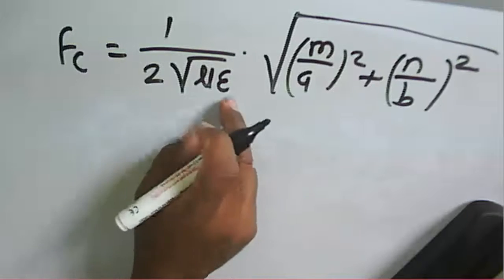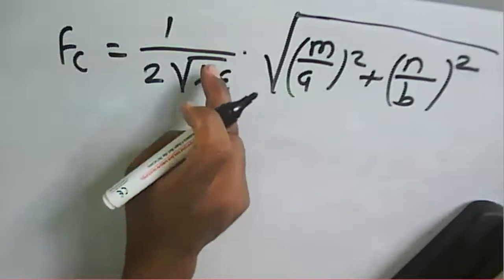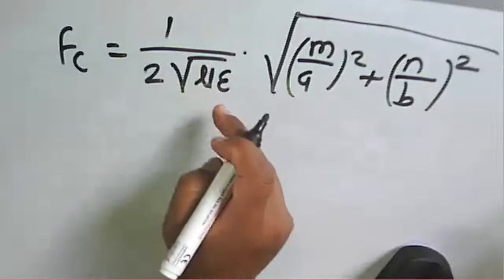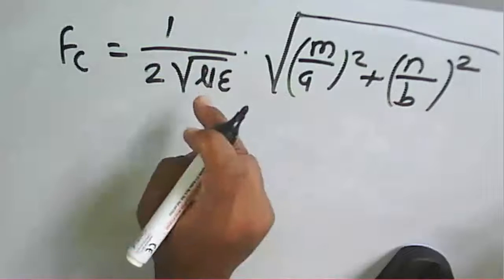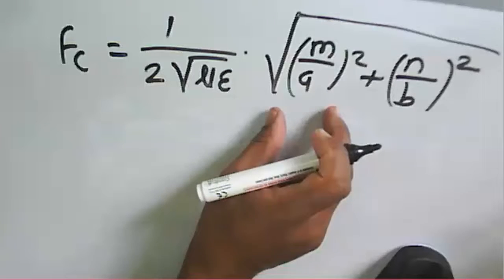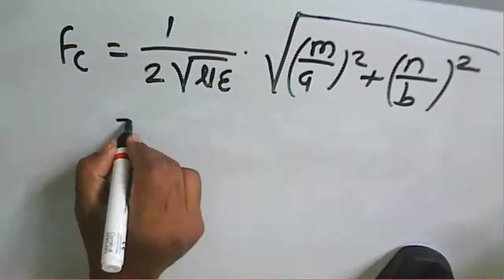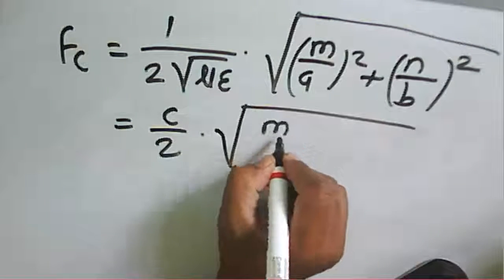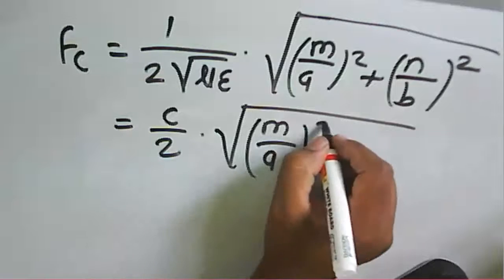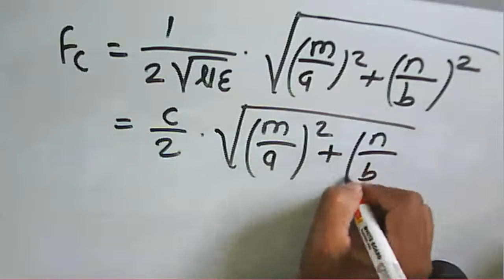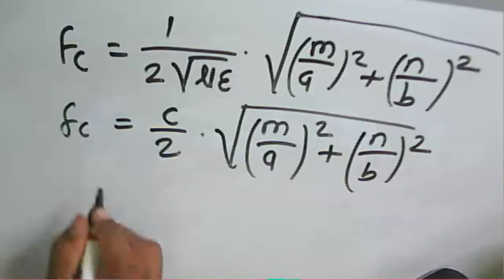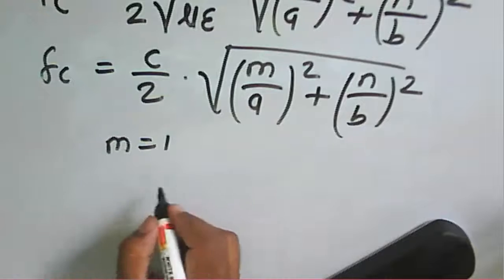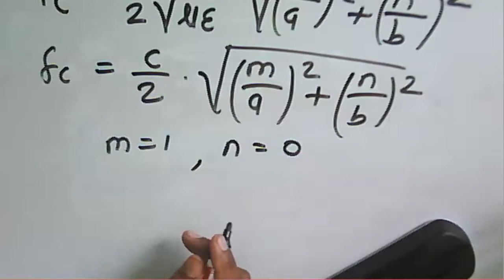Now this 1 by under root of mu 0 epsilon 0 is nothing but c, that is c equal to 3 into 10 to the power 8. Our aim is to concentrate on these values of a, m and n. So I write c by 2 under root of (m by a) square plus (n by b) square, and we will get the cutoff frequency. Now I say here m is equal to 1 and n is equal to 0, that is about the dominant mode.